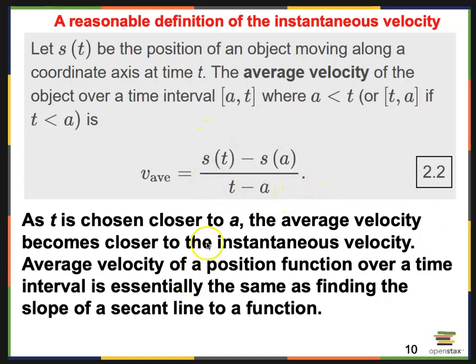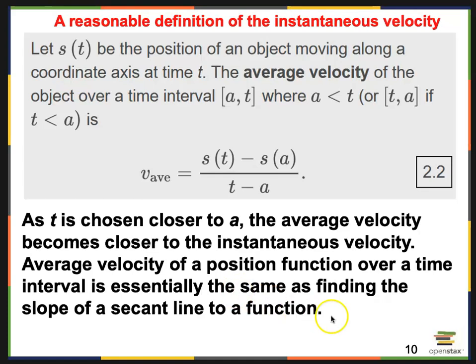As t is chosen closer to a, the average velocity becomes closer to an instantaneous velocity. So that instantaneous velocity would be that tangent line, the velocity at that particular point. The average velocity of a position function over a time interval is essentially the same as finding the slope of a secant line to a function.